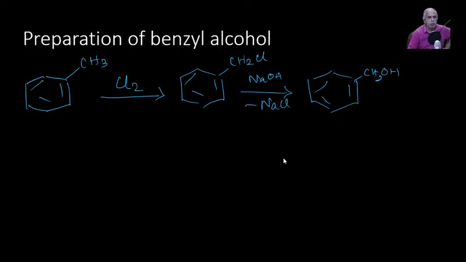Right, benzyl alcohol. And it can also be prepared from aldehyde. You can reduce the aldehyde, is it not? So take benzaldehyde. This is one method. Another method is you can reduce benzaldehyde. This is benzaldehyde, CHO.